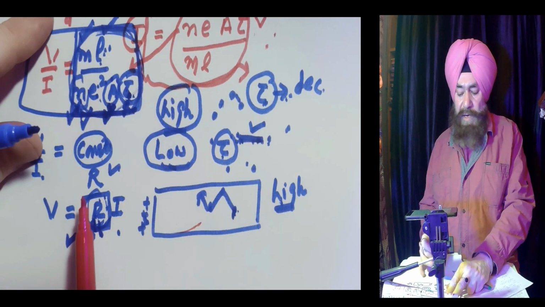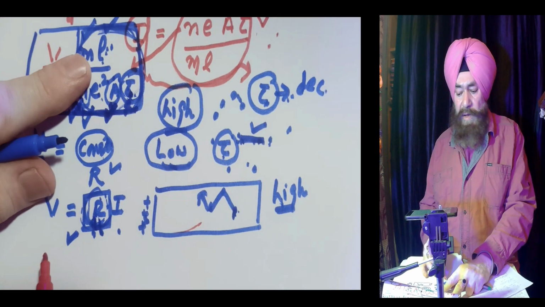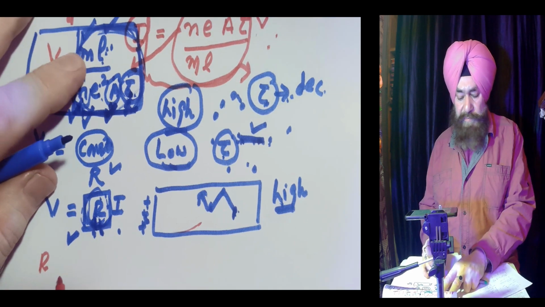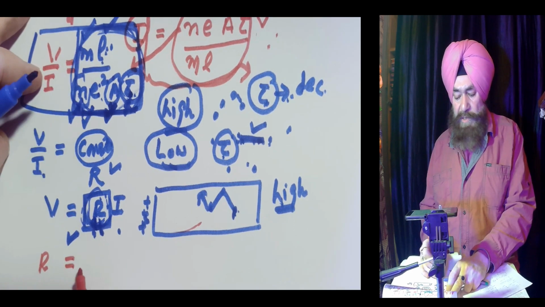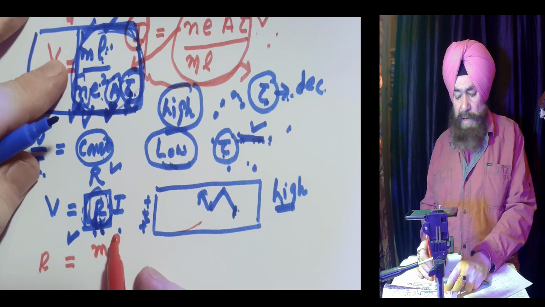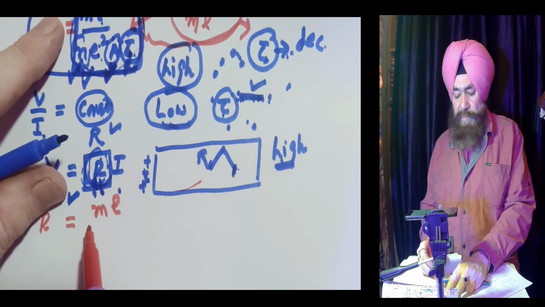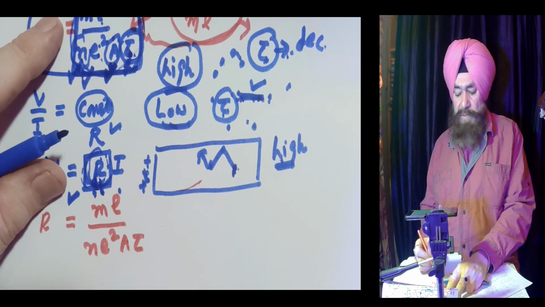Now here we learn that R is equal to m L upon n e squared A into tau.